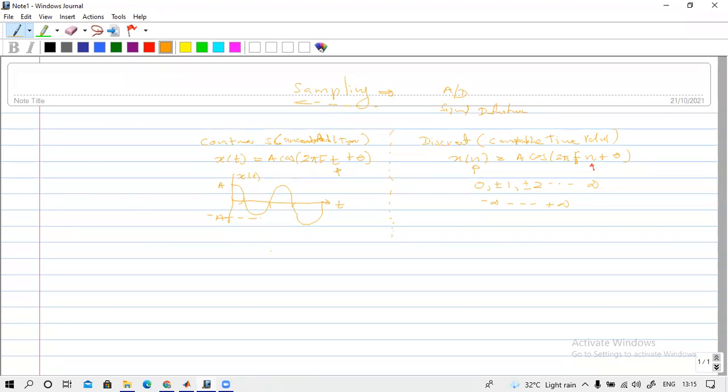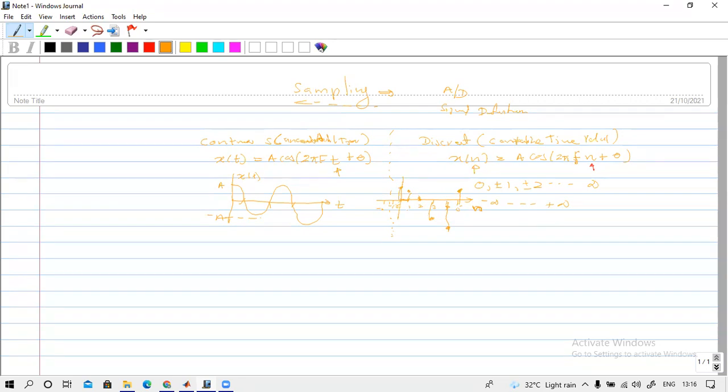You have learned that this signal will look like this. Here you have the n variable, which has finite values 1, 2, 3, 4, 5, and also minus values, -1, -2, and here is 0. You will get this kind of samples. So a discrete value signal is this kind of signal.